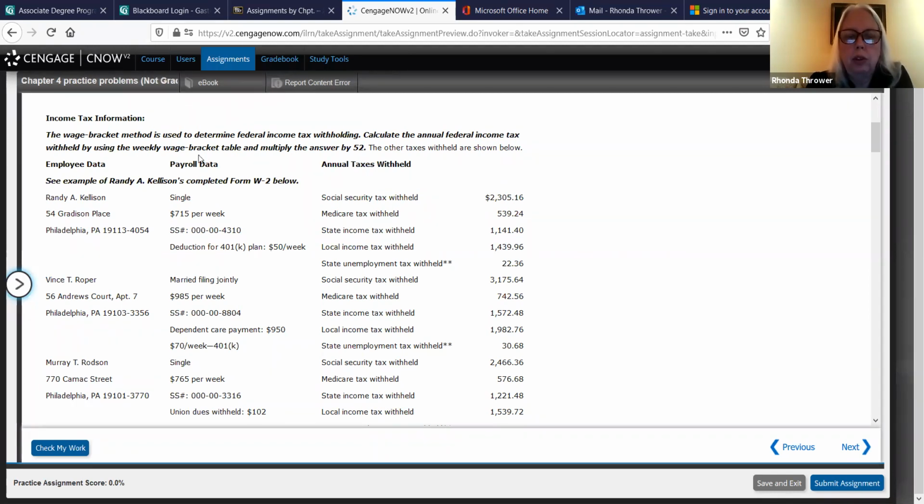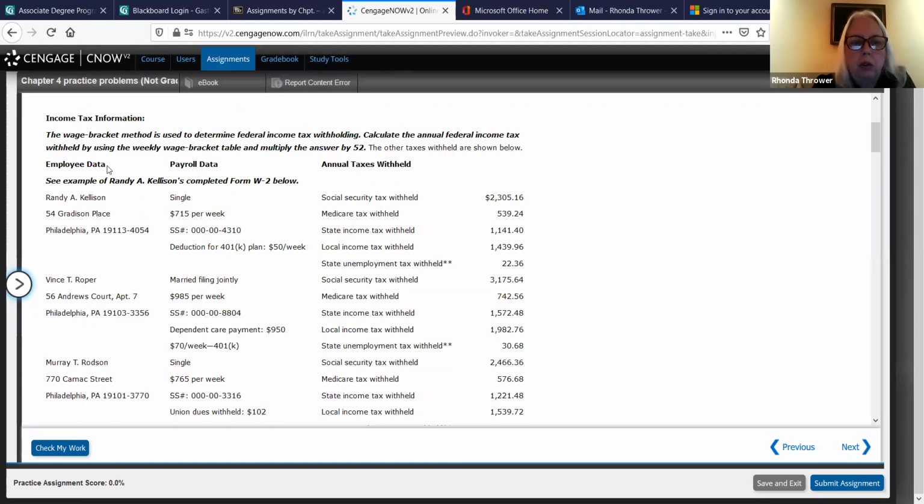If you don't do it this way, you'll come up with some wrong answers in Cengage, and I don't want you to be frustrated. So make sure that you calculate the annual federal income tax withheld by using the weekly wage bracket table. You find the weekly amount of FIT, and then you multiply it by 52 to get the annual amount.